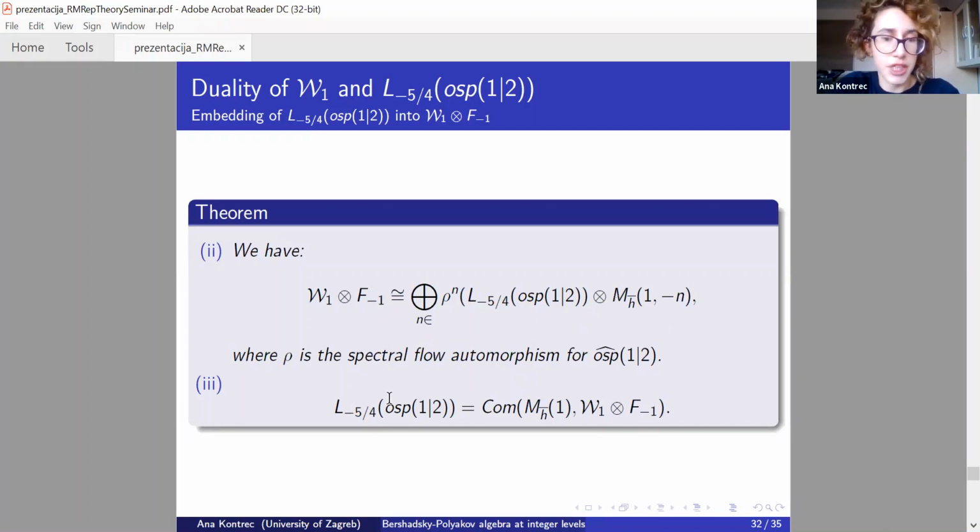We can conclude that L minus 5/4 of OSP(1,2) is in fact the commutant of the Heisenberg vertex algebra in the tensor product of the Bershadsky-Polyakov algebra and F minus 1.